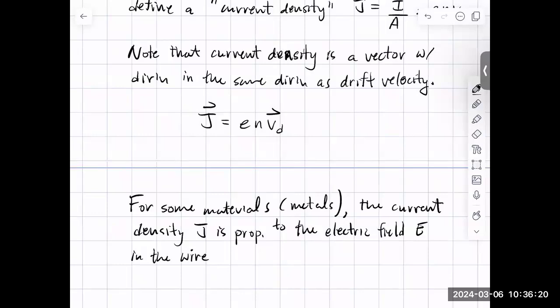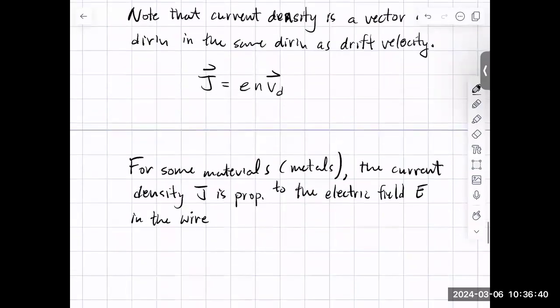The charge flows because we establish an electric field in the wire. You could imagine that if you make a stronger electric field by using a bigger battery, then the force on the charges gets larger, and then they move with a faster drift velocity. That's what's happening here. If that is the case, then we could say J is proportional to the electric field strength, E.